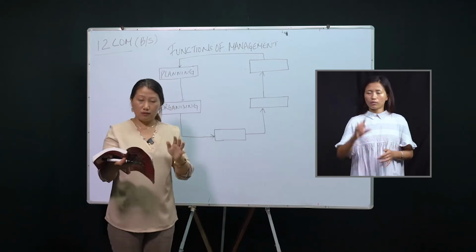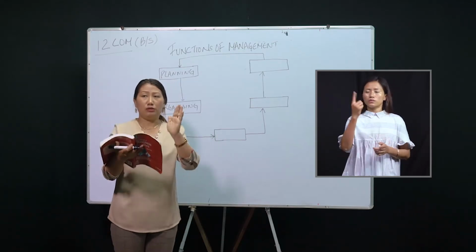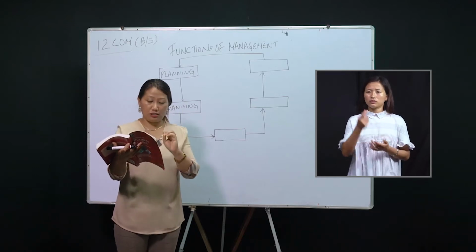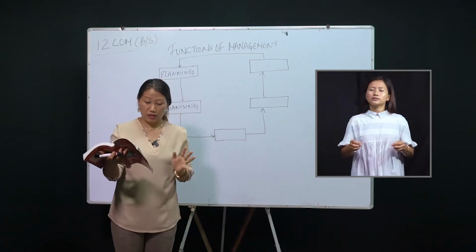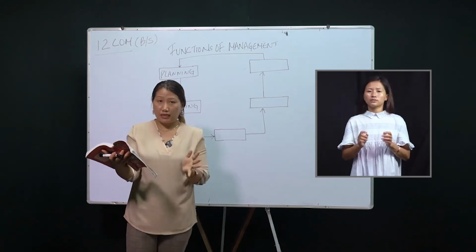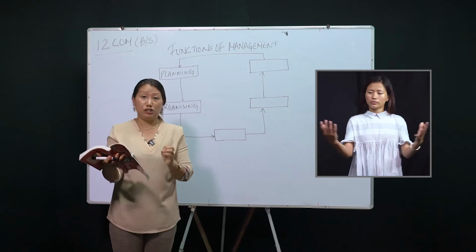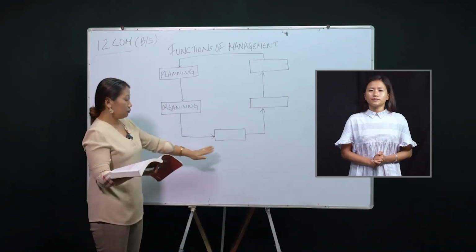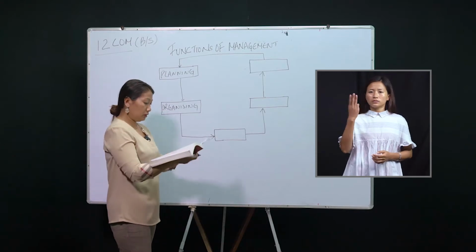Like that, it establishes an authority relationship in an organization. So organizing is nothing but bringing together all the resources to achieve an organizational goal. Then comes the third function, that is called staffing.